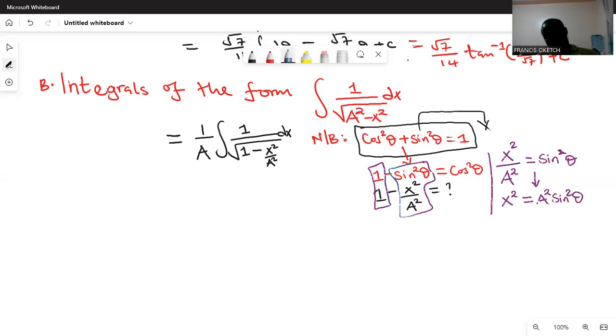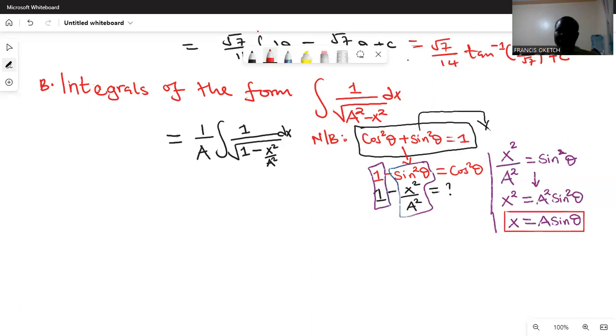When you take square root on both sides, you get x is equal to a sine theta. So this is the substitution that you are going to make. This is a trigonometric substitution that whenever you want to evaluate the integrals in part B, you must start by letting x equal a sine theta.